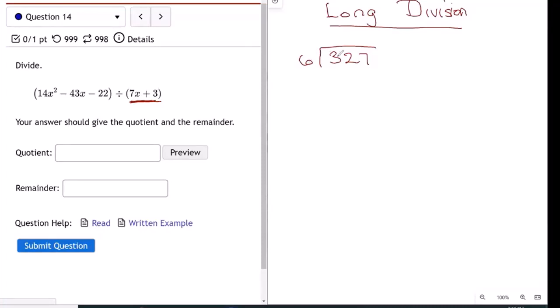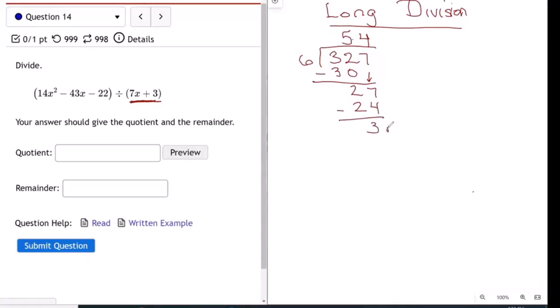I look at 6 go into 3, no. 6 goes into 32, yes, 5 times. 5 times 6 is 30. I subtract. I get 2. I bring down the 7. I get 27. 6 goes into 27 4 times. 4 times 6, 24. I subtract and I get 3.